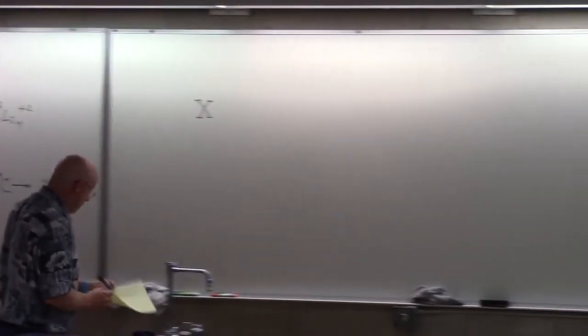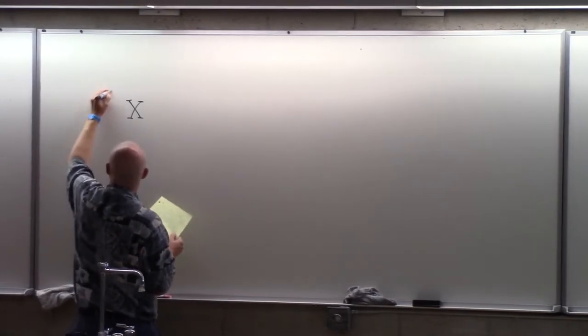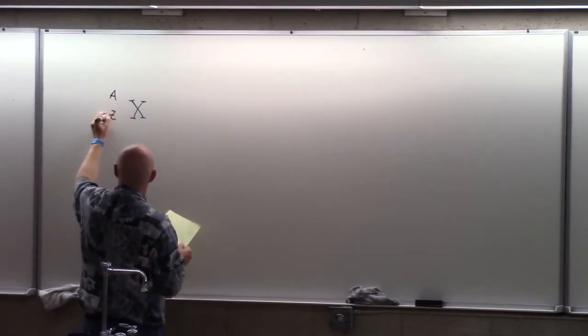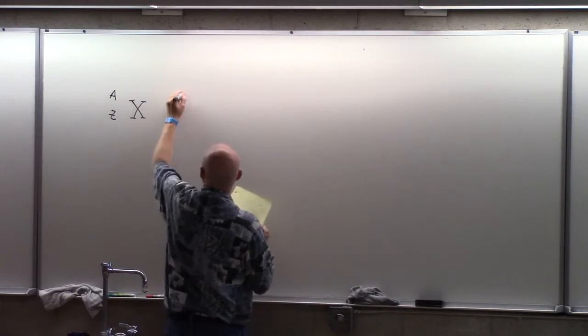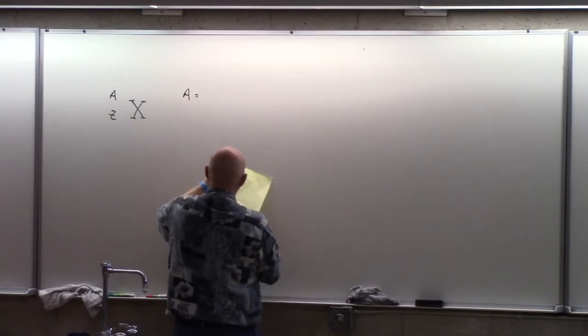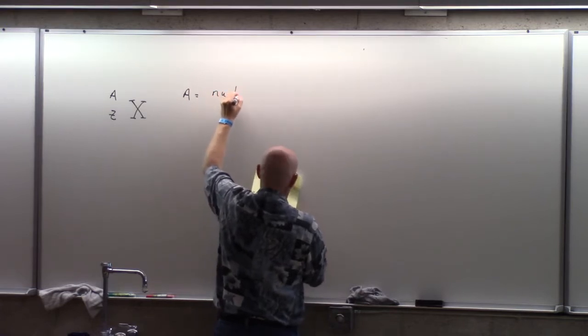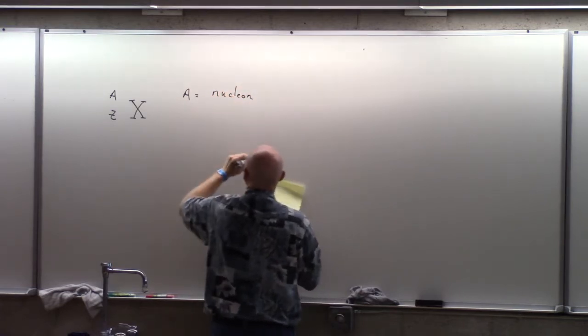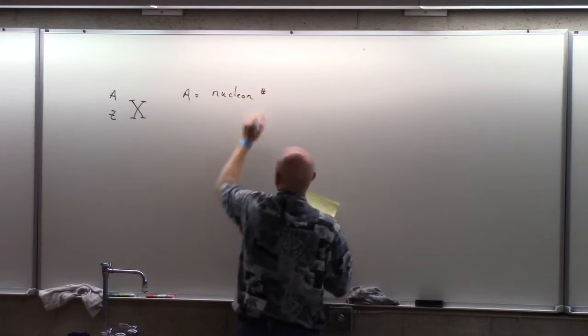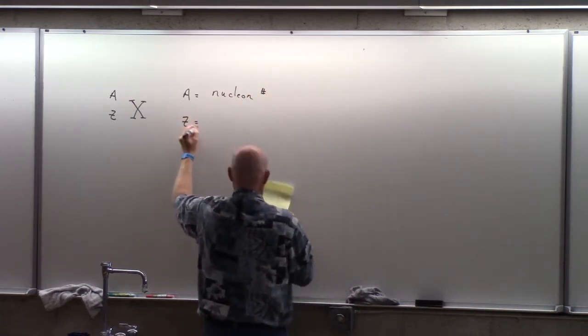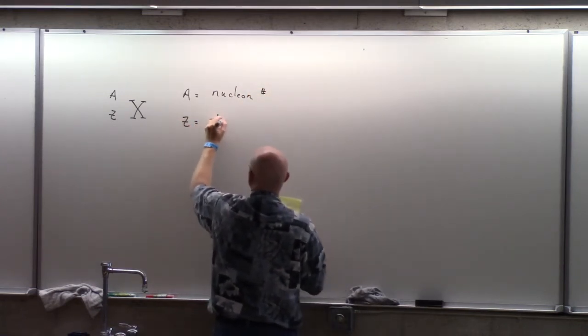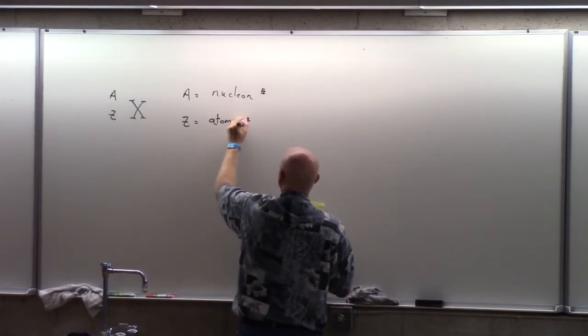But what we're going to do is label an A and a Z. This A, as I just said, is what we call the nucleon number. The Z is what we call the atomic number.